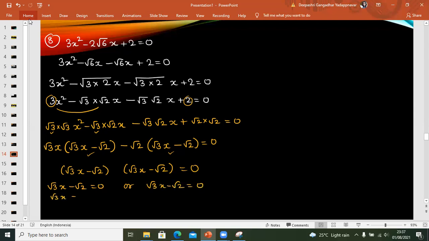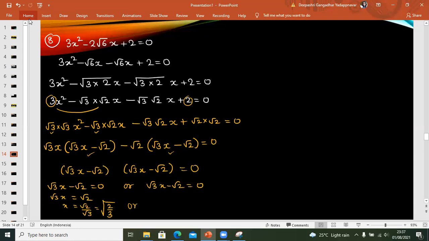Root 3x equals negative root 2 will become positive root 2. X will be root 2 divided by root 3, which can be written as square root of 2 divided by 3. The root sign is for both the values. That's why we can put the big root sign and 2 divided by 3 inside the root sign.